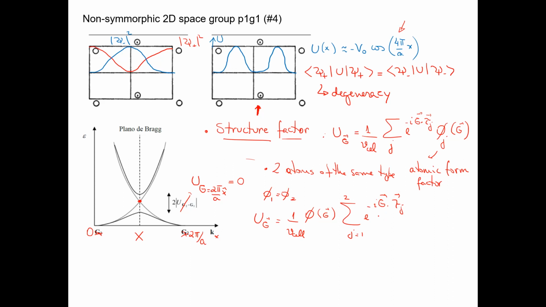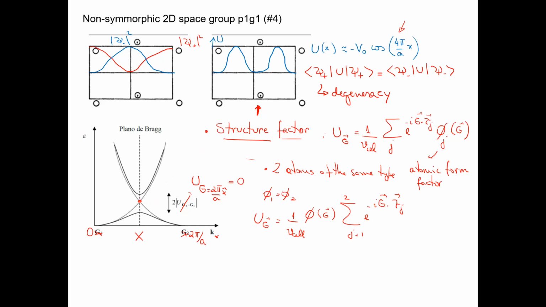So one can see from this expression that in some cases, whenever this interference factor, which is again sometimes called the structure factor, vanishes, whenever this is equal to 0, then we have this effect.